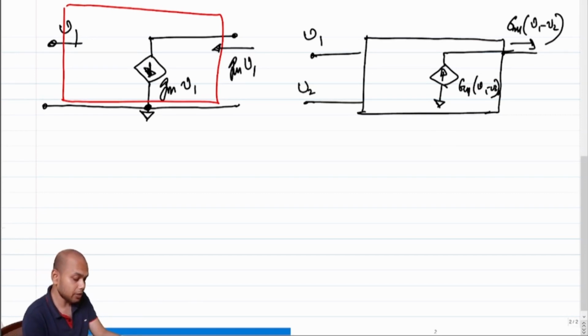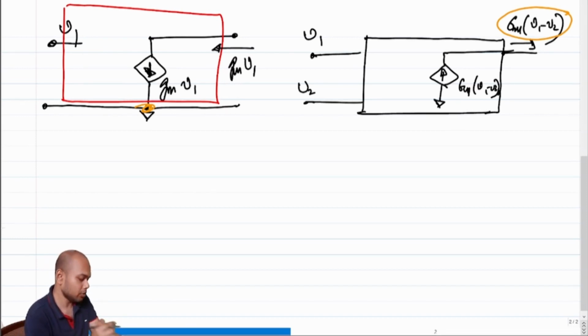What is the difference between this structure and the common source amplifier? The difference is that the reference point in a common source amplifier was the source terminal, and the voltage at the input side was also referred to that source terminal. However, in a differential amplifier, the output current is still the difference between two terminals.